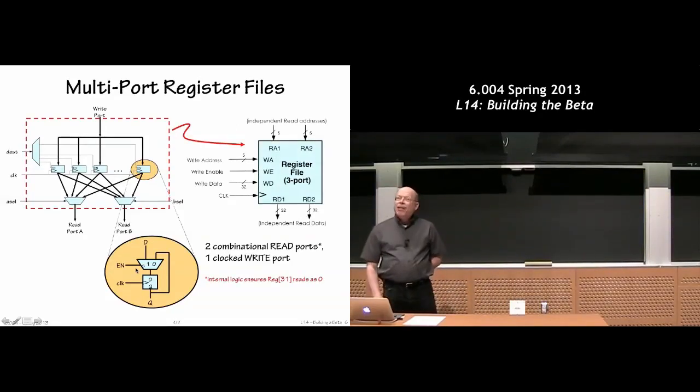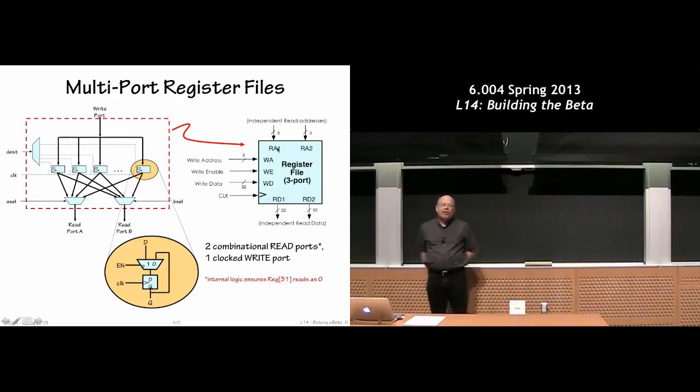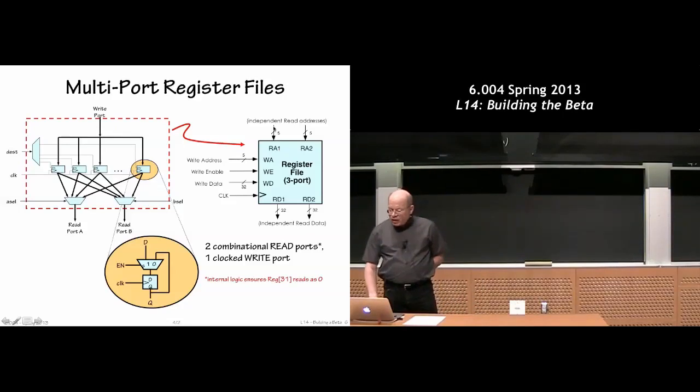We're going to package this up into a single module, which we call a 3-port register file. The register file is the name for this little 32-bit scratch pad memory that has 32 entries in it. So we send in two 5-bit read addresses, and some amount of time later, it's what's called a combinational read port. No clocks involved.